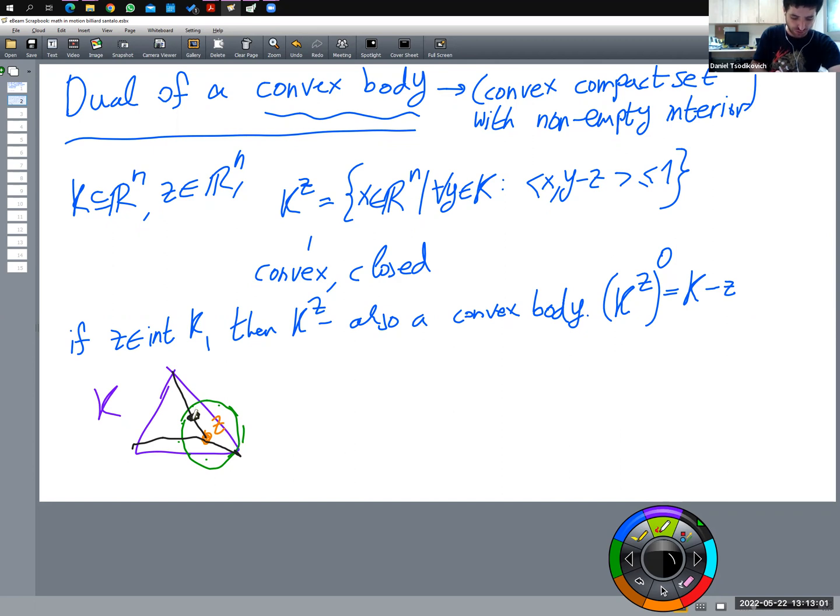So we get one point here, one point here, and one point here. Then we take perpendicular lines to these segments at those points. So we get three lines, and these three lines determine the edges of a dual triangle. What you see in brown is the dual of K with respect to Z.